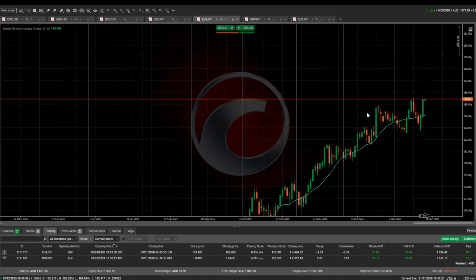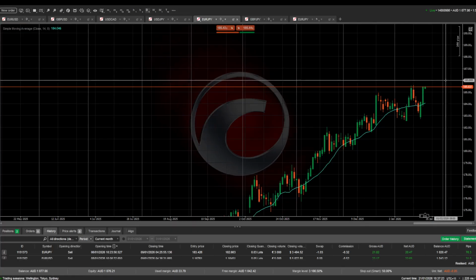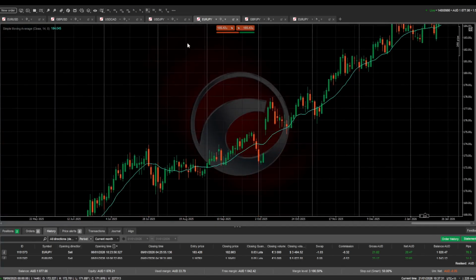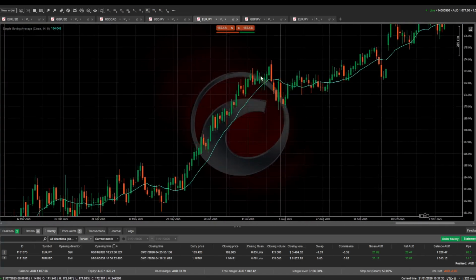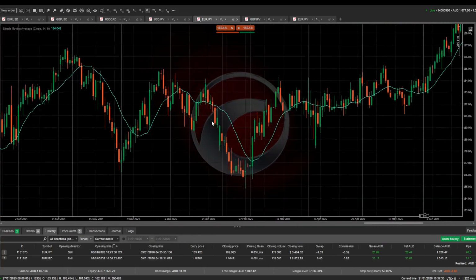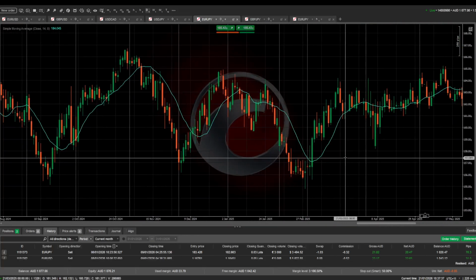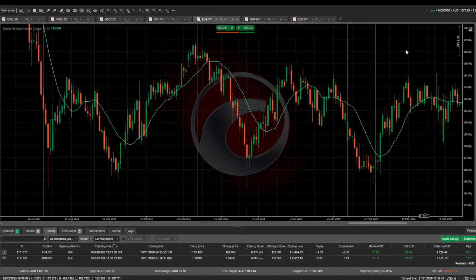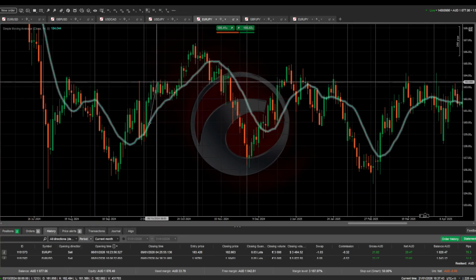So come back here. I like this one. We go here, we go just below. Oh, that is a big candle. You can be a little bit more generous with the Japanese pairs just because sometimes they do have big candles. For me 180 is big, but if you have a look, you do get 300, especially if you got some news. Like here, there's some big ones over here.